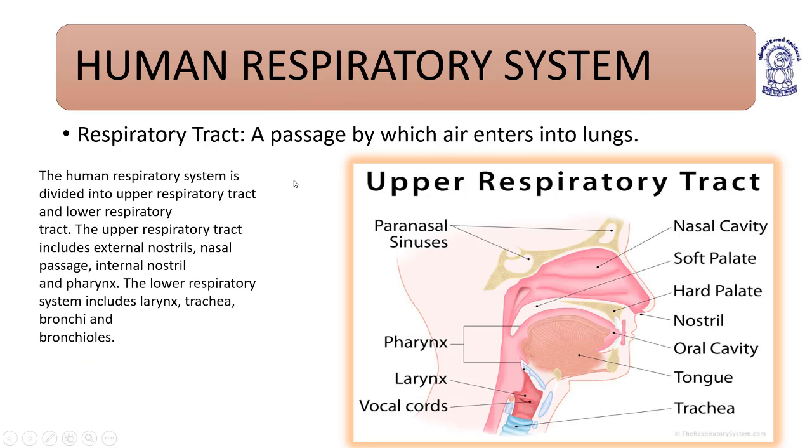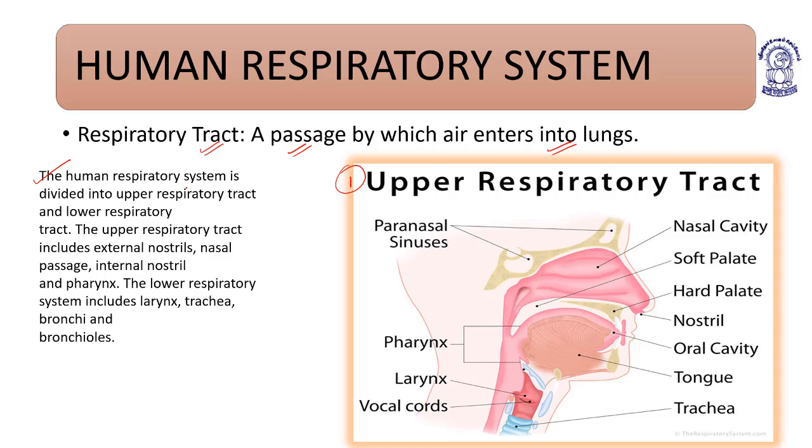Now, coming to next, the human respiratory system. The human respiratory system includes the respiratory tract. The respiratory tract is the passage by which air enters into lungs, and it is basically divided into two parts. First is the upper respiratory tract and second is the lower respiratory tract.